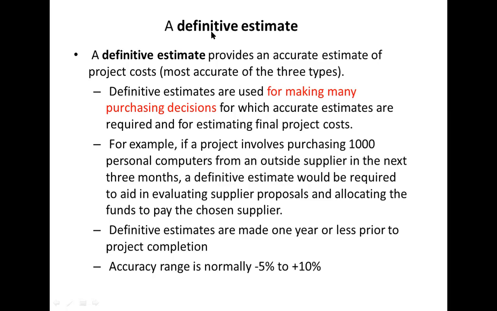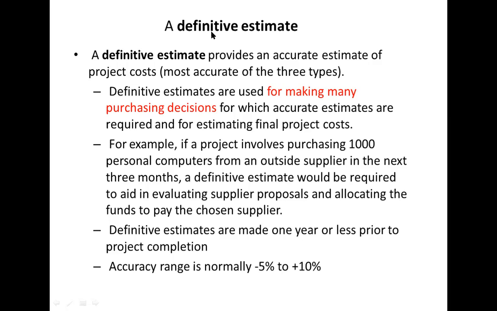So this is normally done for making purchasing decisions. We need accurate measurements. So normally we go to the shop and ask the price. Those are the exact prices now. So we are very near to the purchasing, so we can have real values.